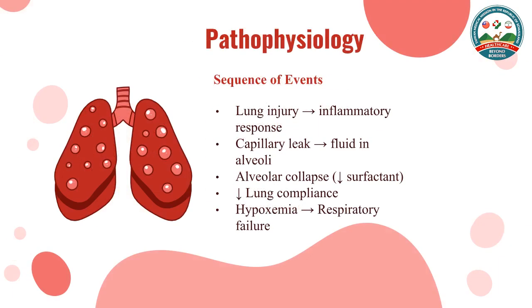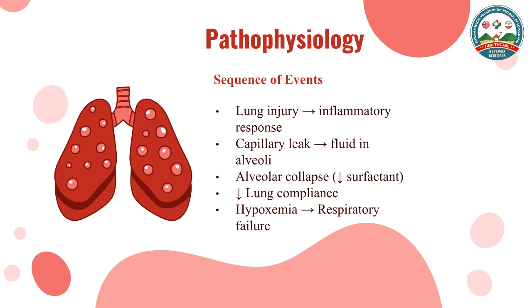Let's go through the pathophysiology of ARDS step by step. It all begins with a lung injury, which triggers a strong inflammatory response. That inflammation makes the capillaries leaky, so fluid enters the alveoli, filling the air spaces where gas exchange should occur. Because of the inflammation, the amount of surfactant decreases, and the alveoli start to collapse.